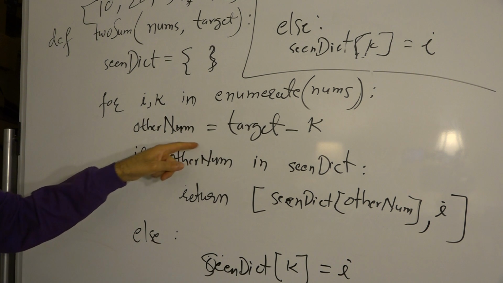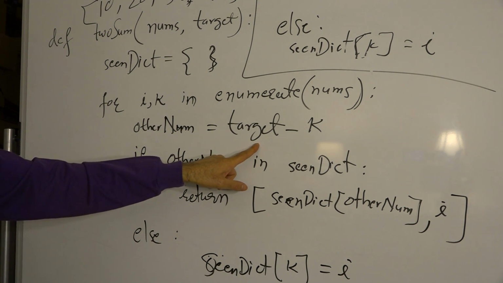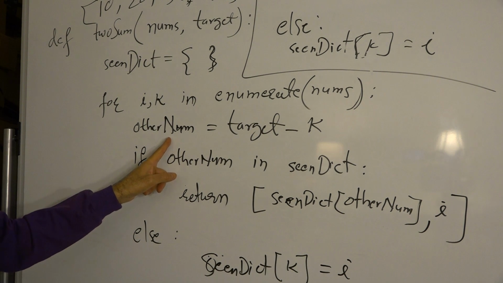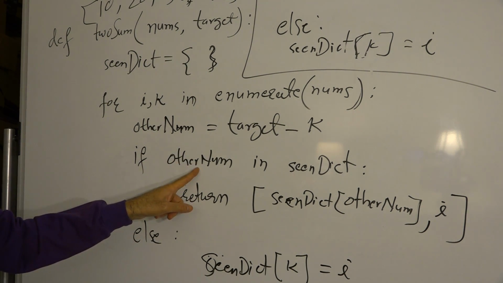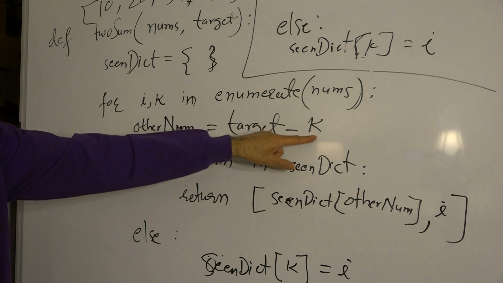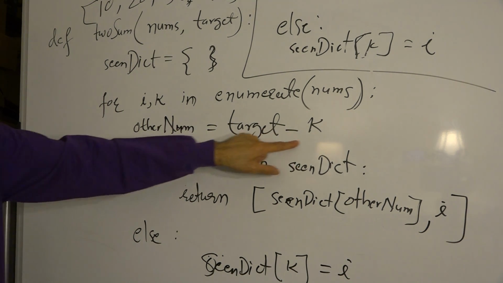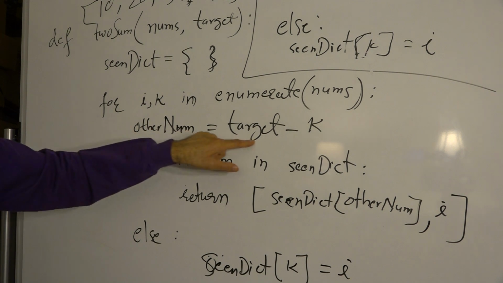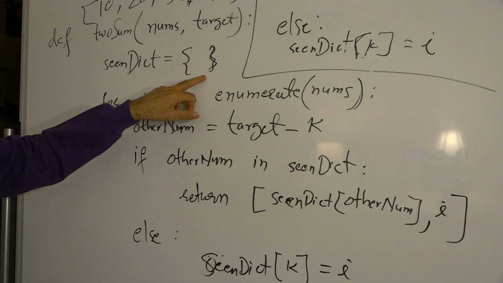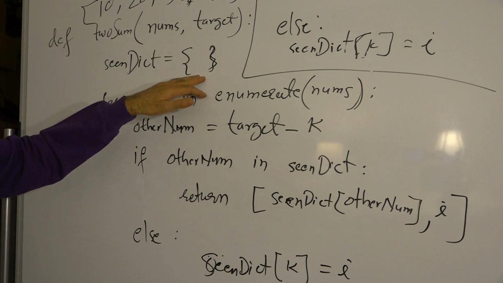Okay, so for every current element, which is basically k, we check whether there is an element in our dictionary that satisfies this condition. That is, we are checking whether we have the other member of the pair in the dictionary.